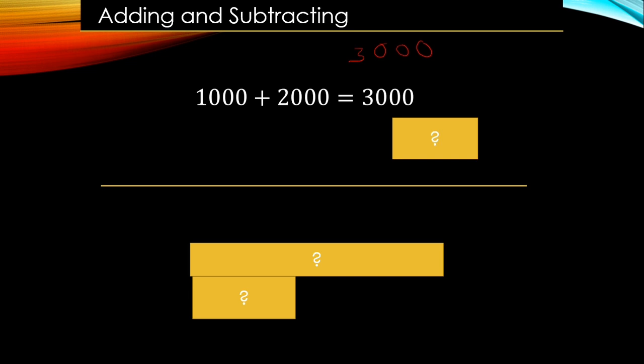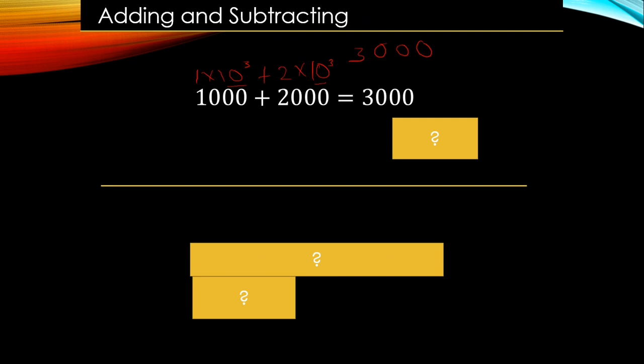In standard form, it would be 1 times 10 to the power, how many zeros do we have? 3. Plus 2 times 10 to the power, how many zeros do we have? We have 3 again. So if the bases are the same, then it is simple as just adding these two numbers.